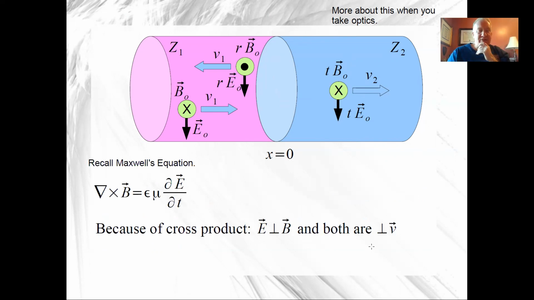If we recall Maxwell's equation, it said that del cross B, where B is the magnetic field, is equal to epsilon mu, the permittivity and permeability of the medium, times the time derivative of the electric field.